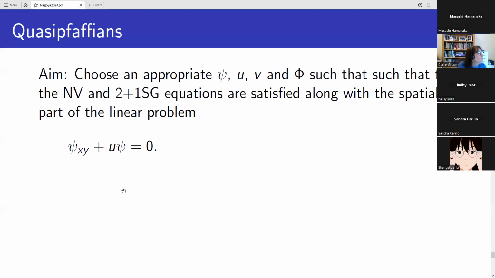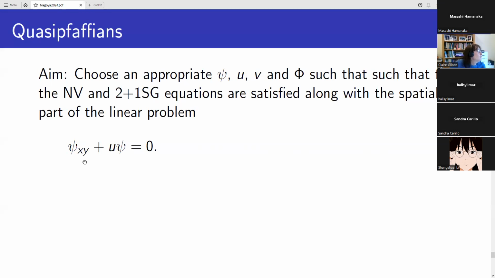Well, the aim is the following. I'm going to choose an appropriate psi. Psi is the sort of linear problem. This is for the Novikov-Veselov at least. The linear problem looks like this.